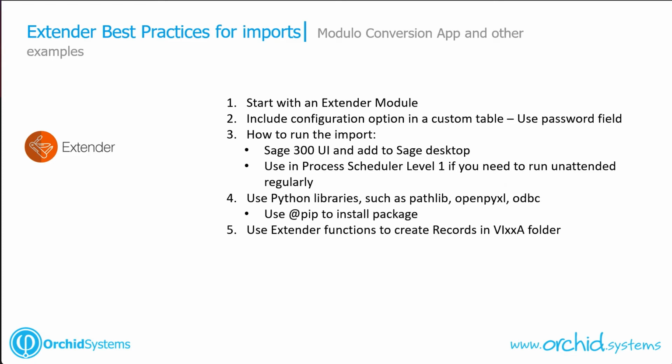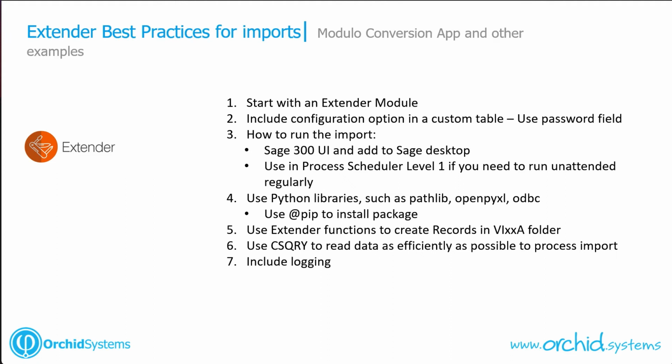Extender also comes with some functions that help you create records, so we'll look at those. In many cases, you would use CS queries to read the data as efficiently as possible to process the import, but we recommend that you always use the views when you're inserting or updating records.